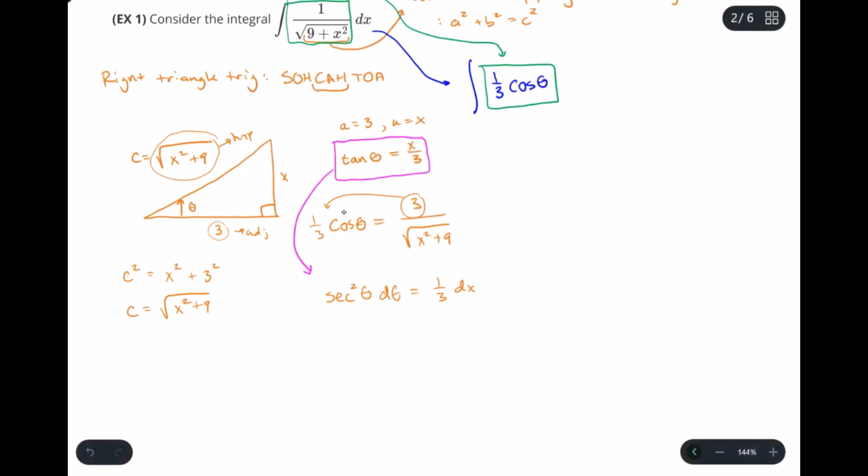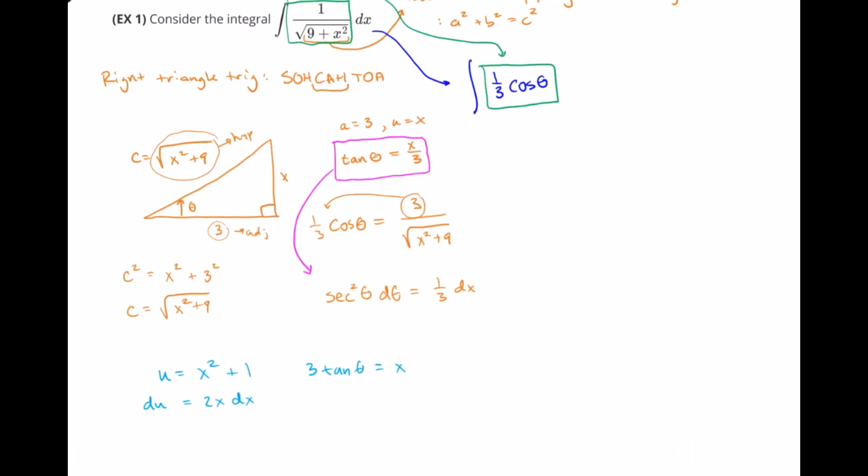When you define something for u substitution, the next step is to come up with a definition for du. We're effectively doing the same thing. Just think of my substitution here as 3 tan theta equals x, and then we're differentiating both sides.